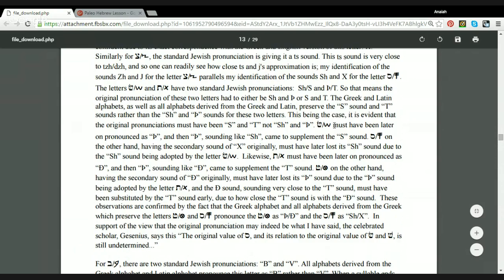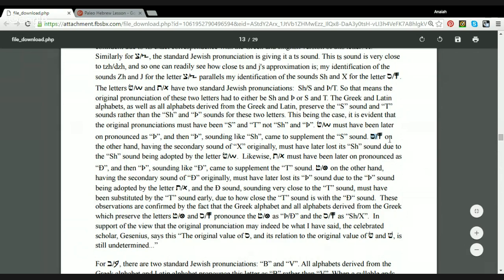And then I say S must have been later on pronounced as SH, like the th in Apple thought, with a TH sounding like SH. And so SH came to supplement the S sound.